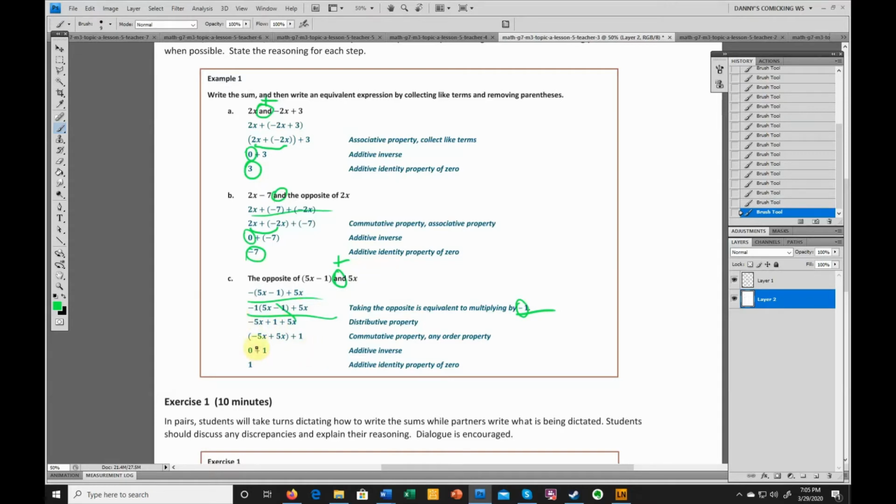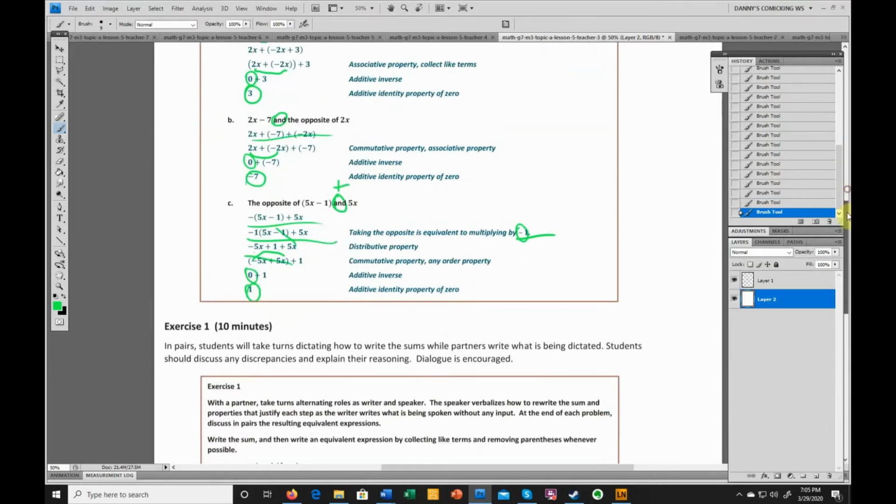So minus 1 times minus 1 is 1 because it cancels out the negative. Minus 5x plus 1 plus 5x. So, combine like terms. This equals 0. Then we just have plus 1. 0 plus 1 is 1.